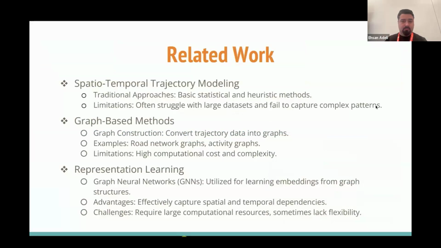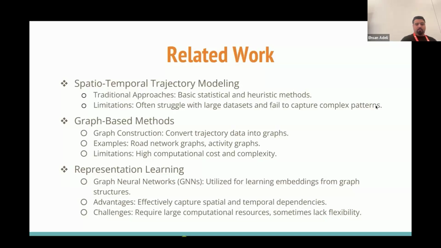Spatio-temporal trajectory modeling involves various approaches. Traditional methods, such as basic statistical and heuristic techniques, often struggle with large datasets and fail to capture complex patterns. To address these issues, graph-based methods have been developed. These methods convert trajectory data into graphs, like road network graphs and activity graphs, but they come with high computational cost and complexity.